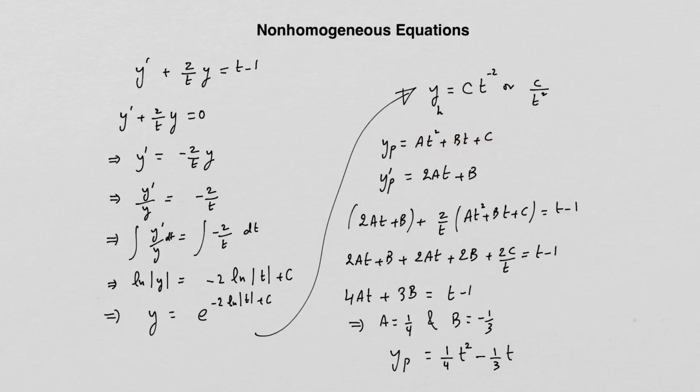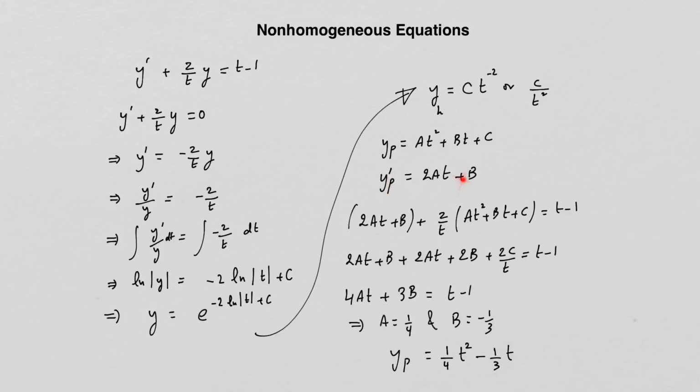I knew this probably would work because I have one derivative, okay? And if you differentiate a quadratic once, you will get linear, and we want linear, okay? So I am going to guess at squared plus bt plus c, which means its derivative is this.